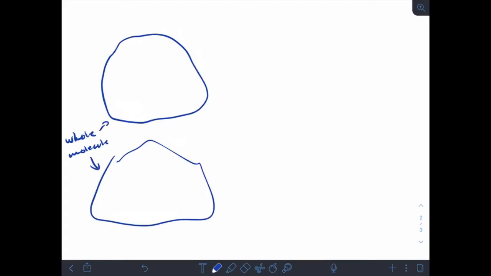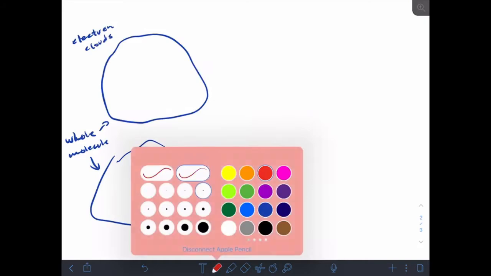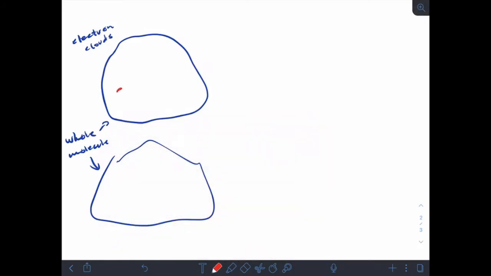Okay, and these are their electron clouds. Okay, so in our electron cloud, we have a whole bunch of electrons just sort of floating around. Right? They're doing their thing, they're moving, they're being attracted to things, they're being forced away by things.